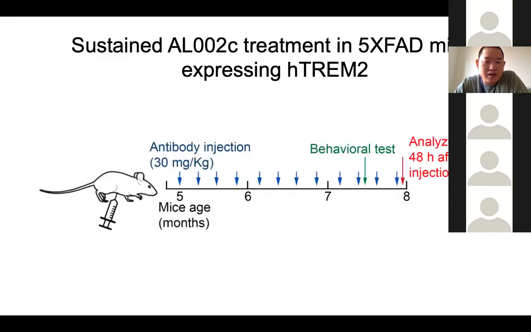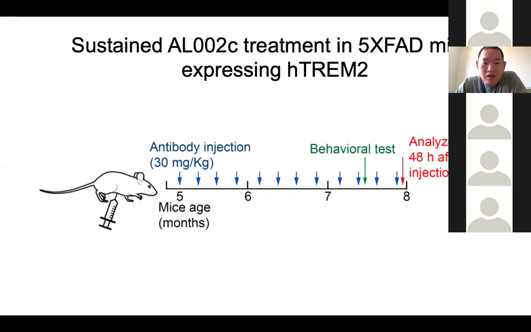So the antibody was nice to test in the 5XFAD mice for a chronic treatment. The CV and alpha-7H 5XFAD mice were treated with IP injection of AL002C or control IgG at 30 milligrams per kilogram.